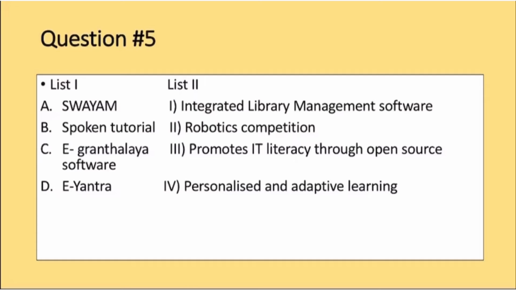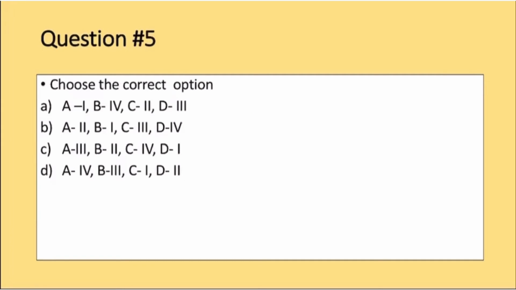So, B will match with 3. A4, B3. E-Granthalaya software, it's a library management software. C1. D, E-Yantra is about this robotic competition. So D2. A4, B3, C1, D2. The option D is the right answer.